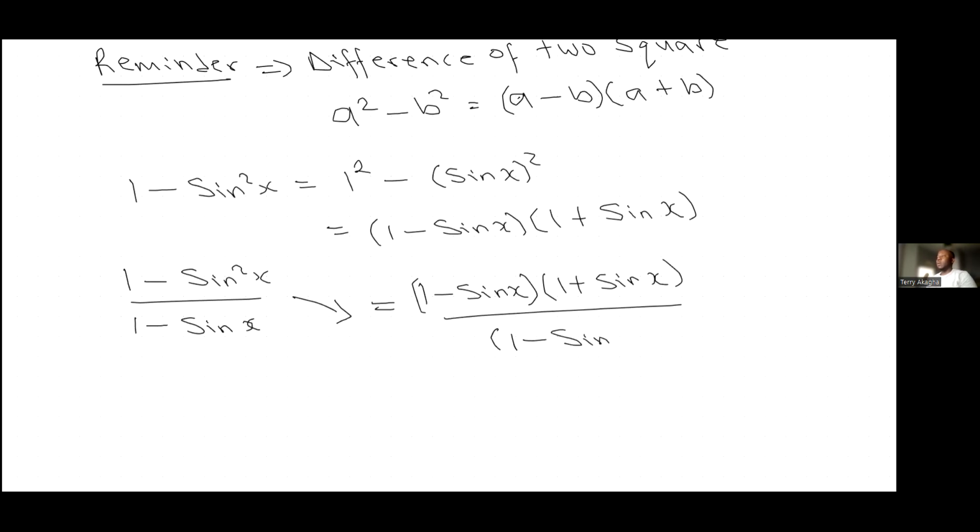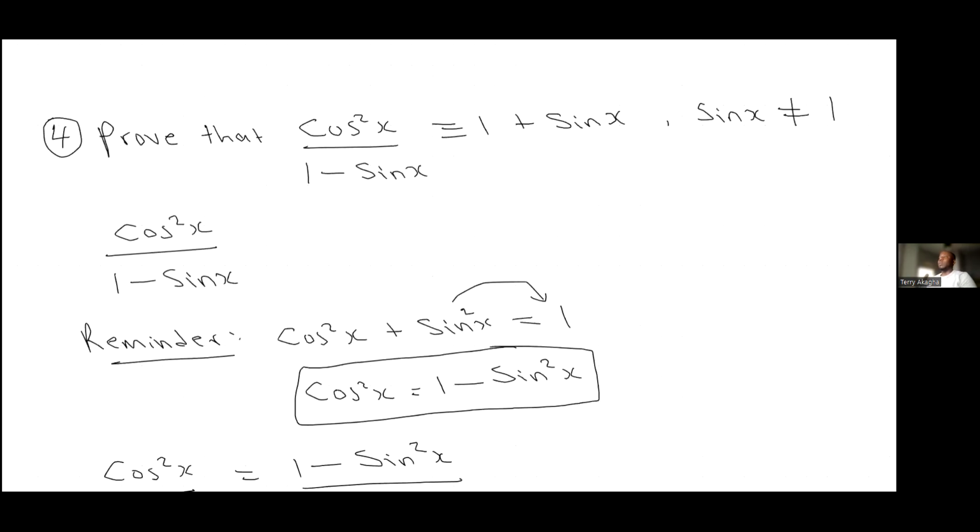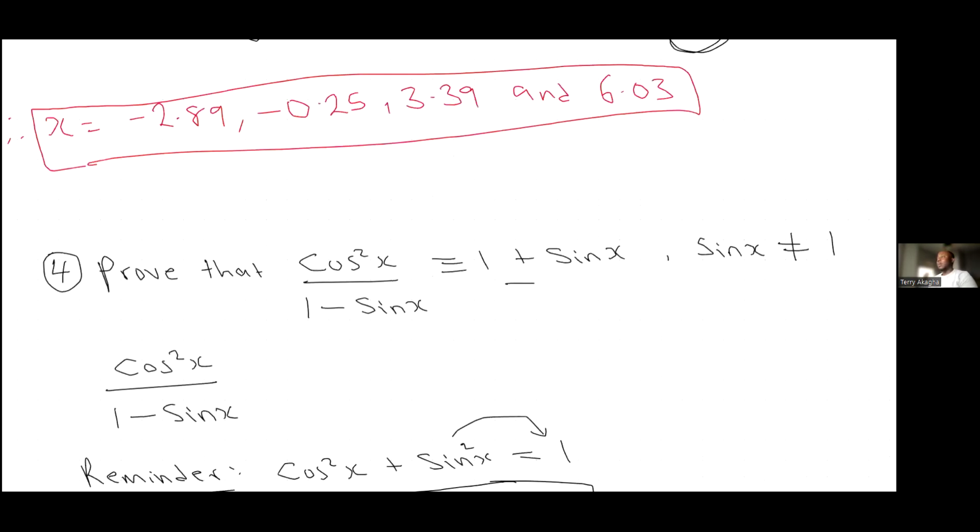So this will cancel that. And my final answer will be equal to 1 plus sine x. This is exactly the same answer we're told to get at the beginning of the question. And we're also told that sine x is not equal to 1.